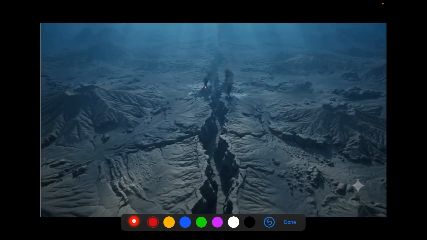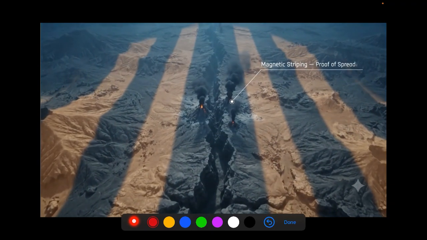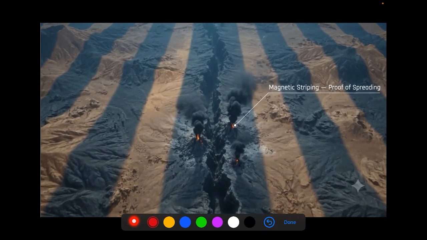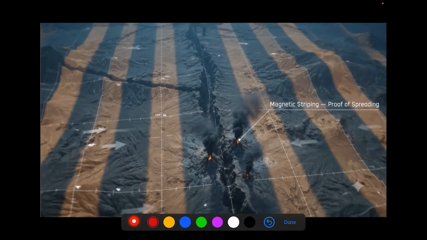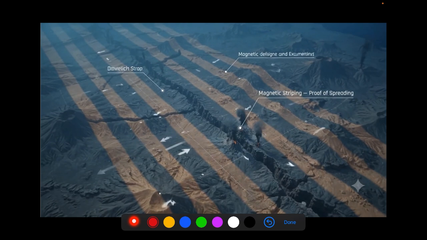So let's visualize what it is trying to say. Alright, this is how, if there is a crack in the ocean floor, it tends to move in different directions.